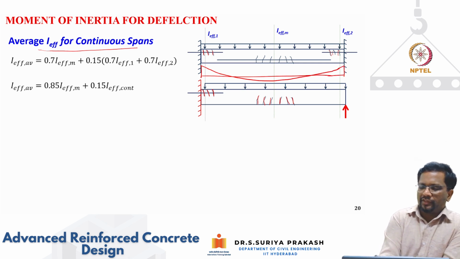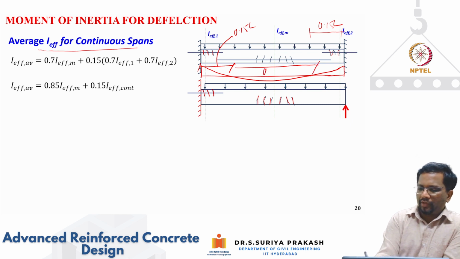Now if you see, this distance up to the point of contraflexion is going to be 0.15 L. Okay, this region is also going to be 0.15 L, and this middle region is going to be how much?